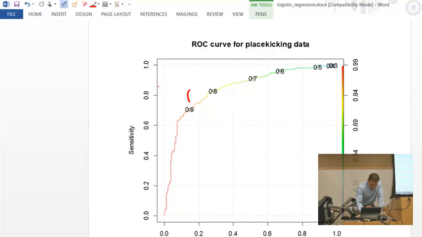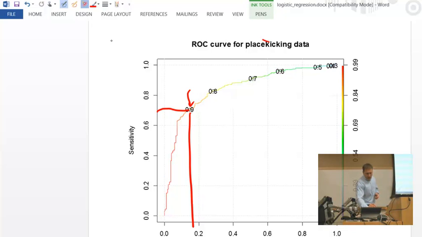Notice there's an open plotting point here that shows where exactly the 0.9 cutoff probability would be. So for a sensitivity of about 0.7 and a 1 minus specificity of about 0.18, the cutoff probability is 0.9. That's a nice little option there.